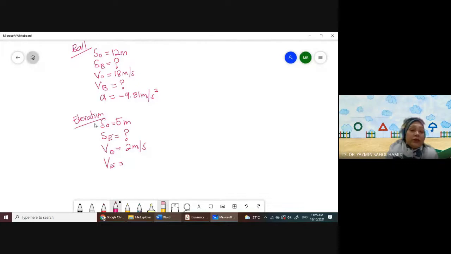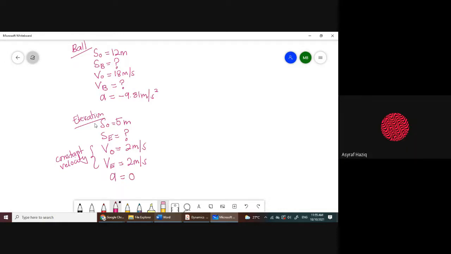It means the velocity is constant, so the initial and final velocity is the same. And what is the acceleration of the elevator? Zero. Yes, 0. Good.